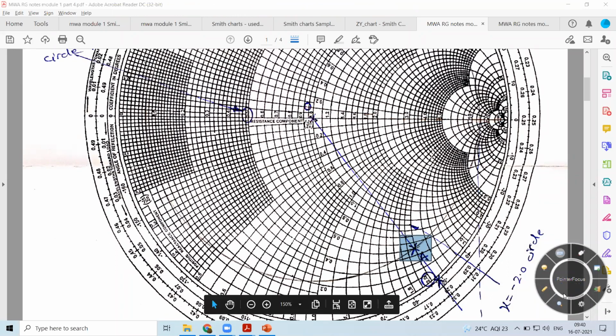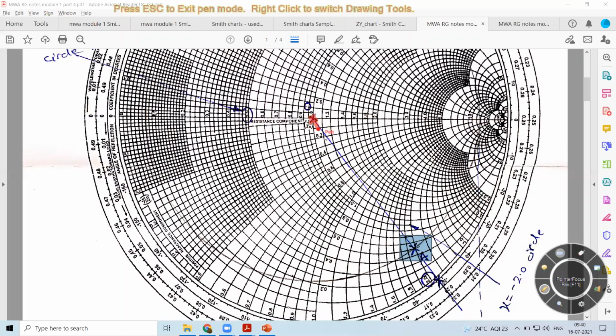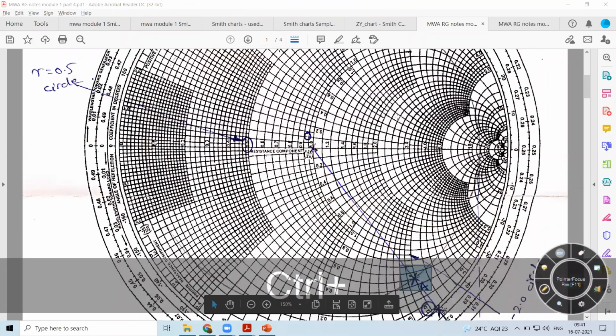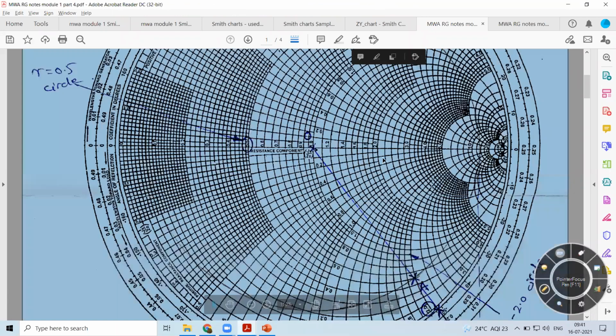With this as the center, and radius equal to the distance between the center and the load point, that is OA, we draw a circle. That circle is nothing but the VSWR circle.